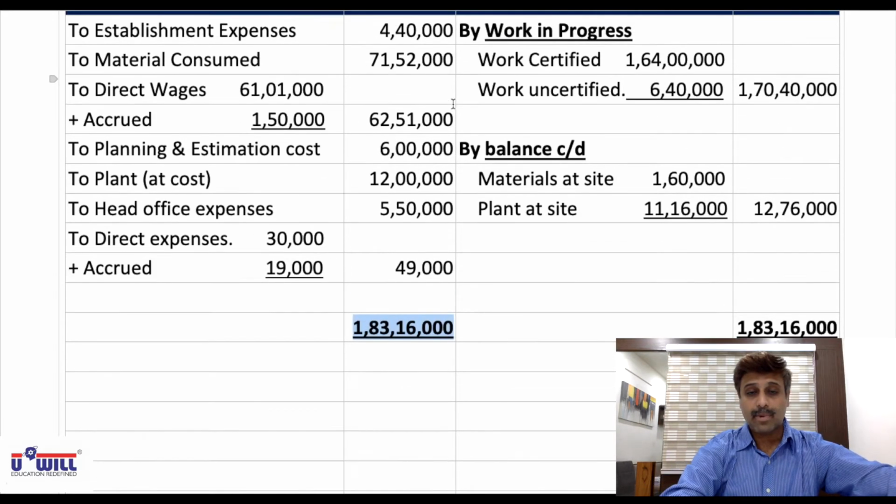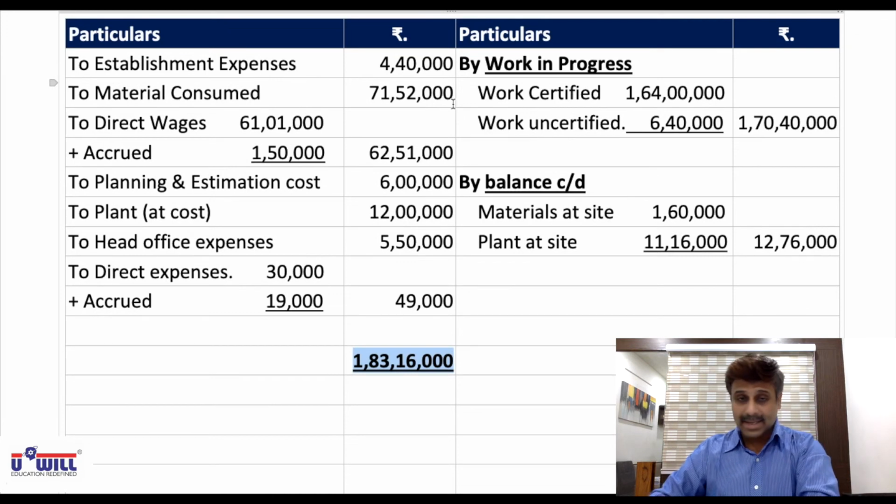Now from that you subtract the debit amounts. So do minus 4,40,000, minus 71,52,000, minus 62,51,000, minus 6 lakhs, minus 12 lakhs, minus 5,50,000, minus 49,000.